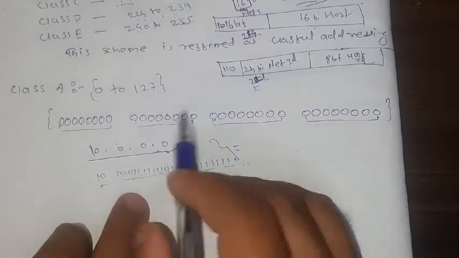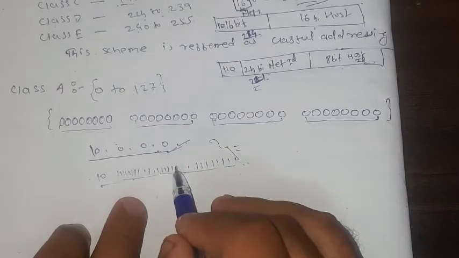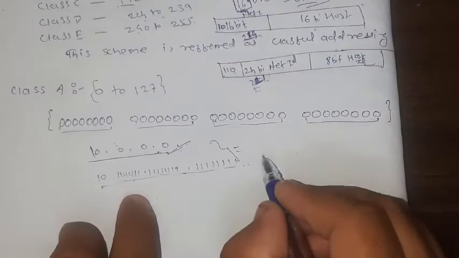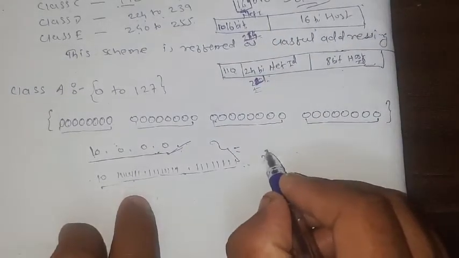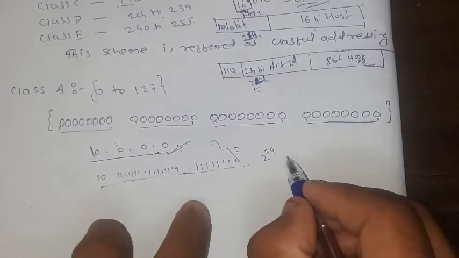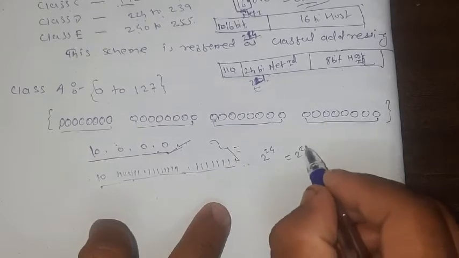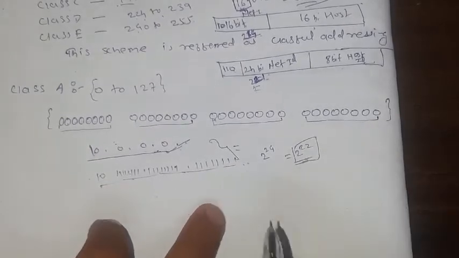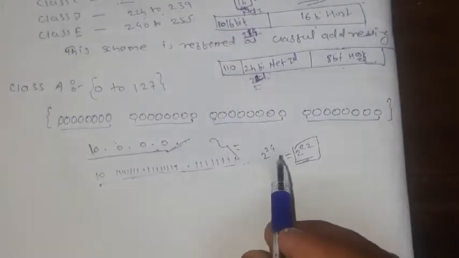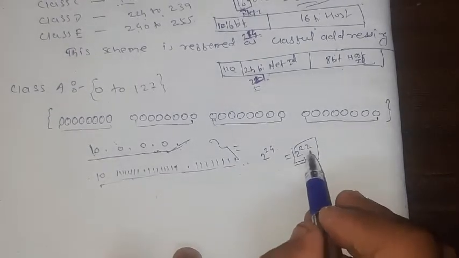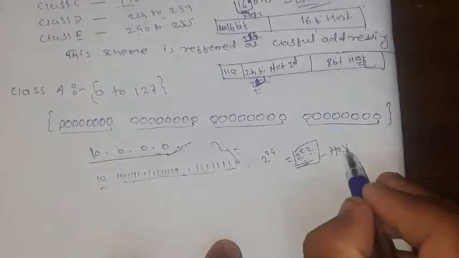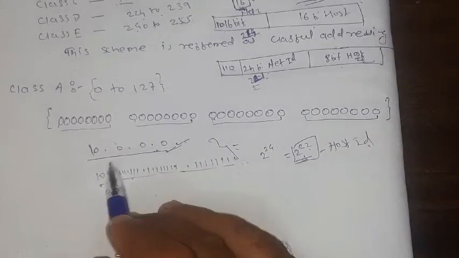Here the total number of IP addresses we have is 2 raised to 24. Here again minus 2 from them, then it becomes 2 raised to 22. It means in a class A IP address we have only 2 raised to 22 for host IDs. Okay, and net ID we already know.